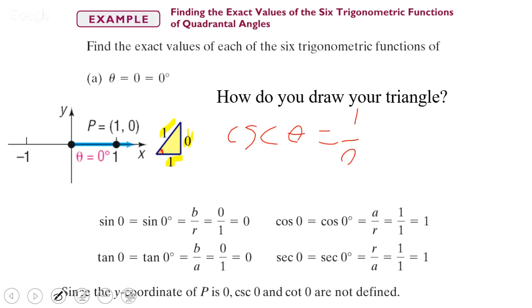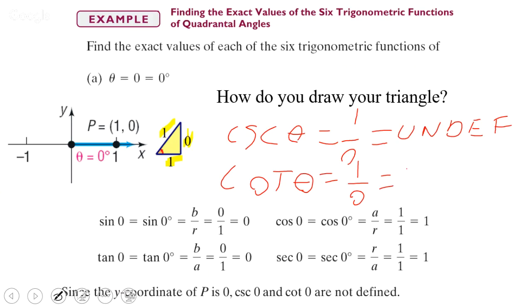When 0 is in the denominator, it's undefined. So cosecant is undefined. Secant is the reciprocal of cosine, so it's just 1 over 1, which is still 1. Then the reciprocal of tangent is cotangent, and it is also 1 over 0. It's undefined.